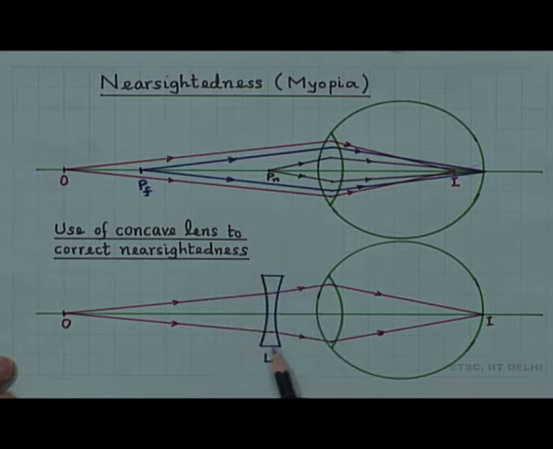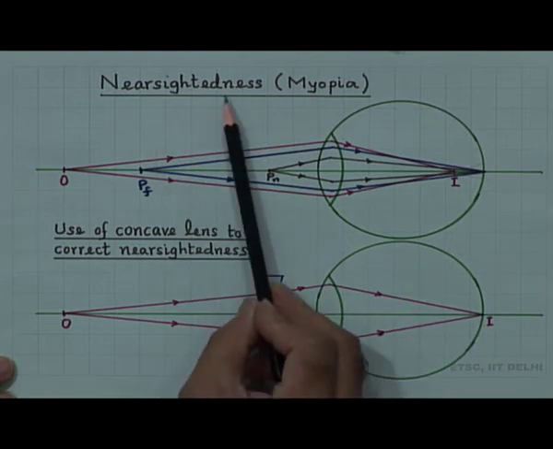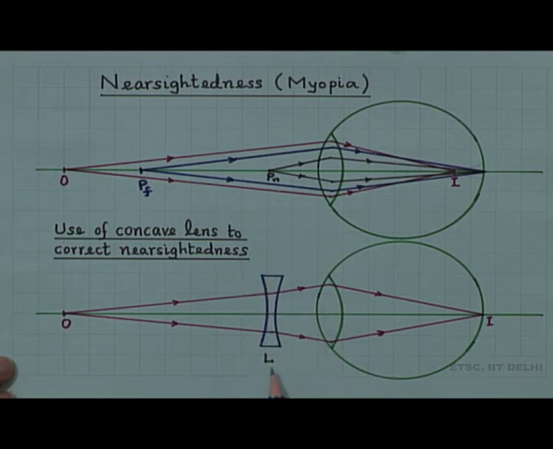By use of an appropriate concave lens of appropriate power, one can provide sufficient divergence so that the object is again focused onto the retina, and therefore nearsightedness is corrected by the use of a concave lens.